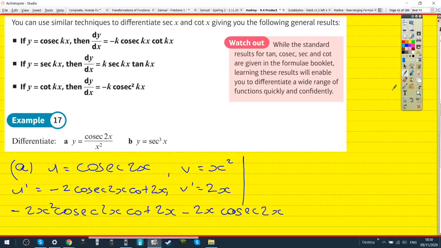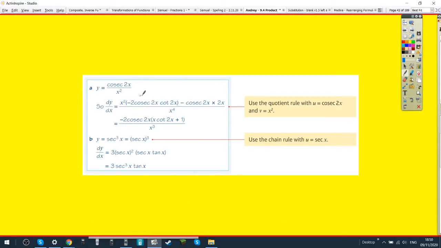And then all over v squared. Yeah, all over v squared. And v is just going to be x to the 4. That's it. And that's all they wanted. That's all I'm giving them.